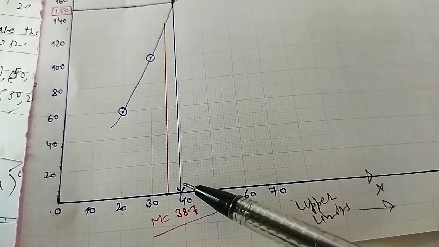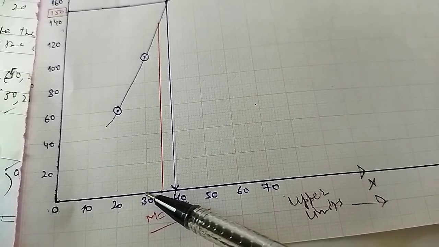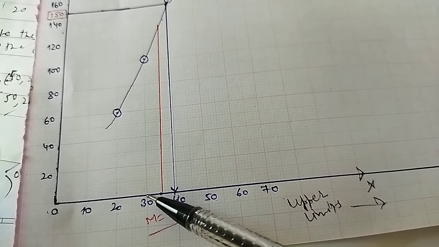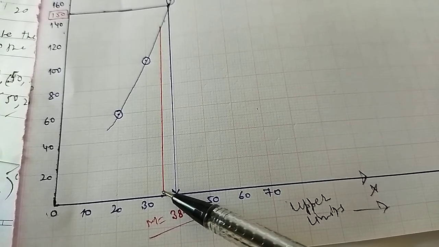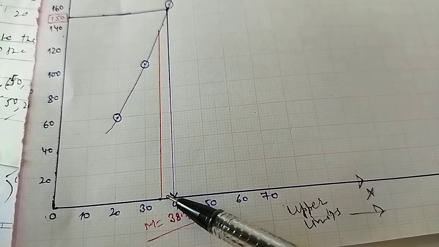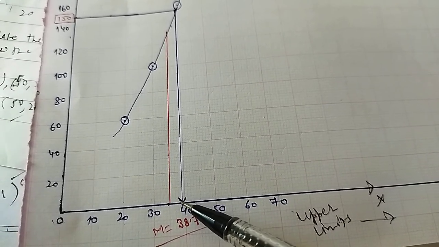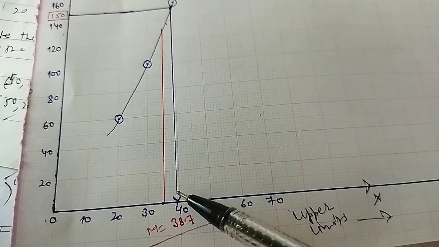So here if you will be reading, here it is 30, then it is 35, 37, before 40, if you count here one less 2, 38 point something will be coming.